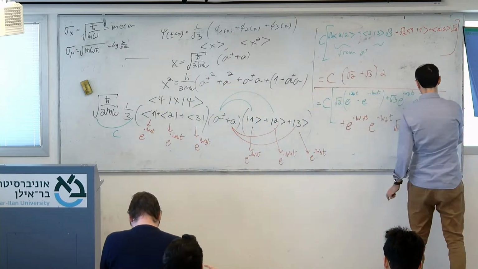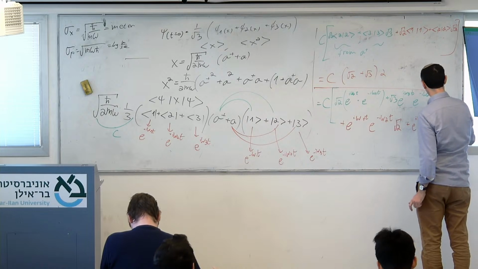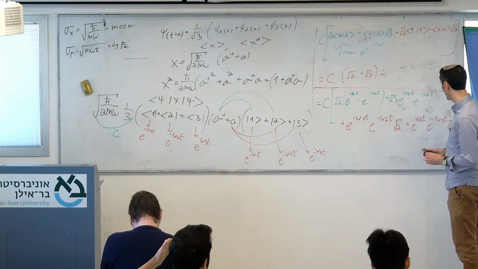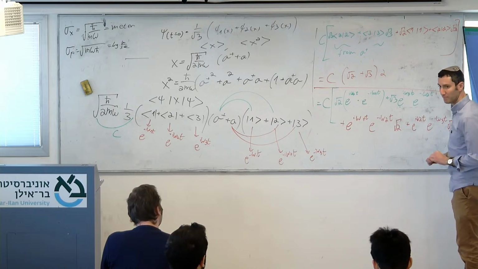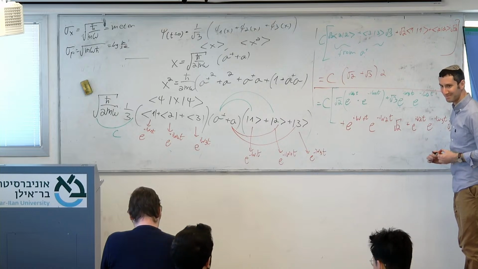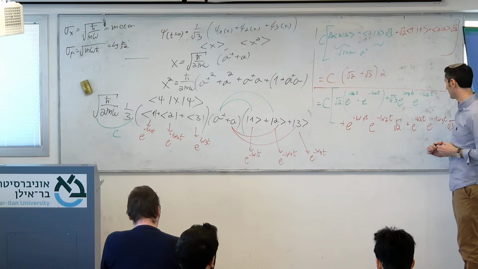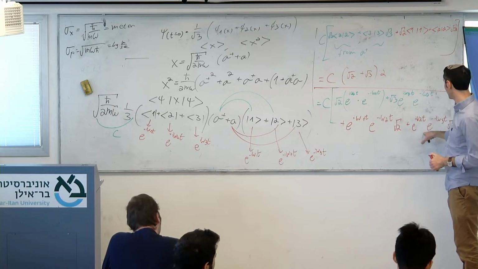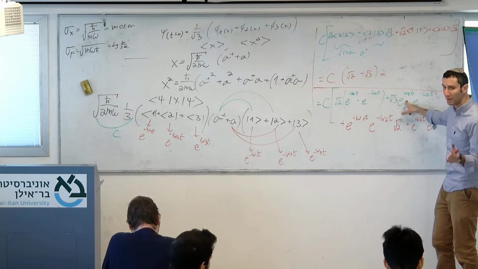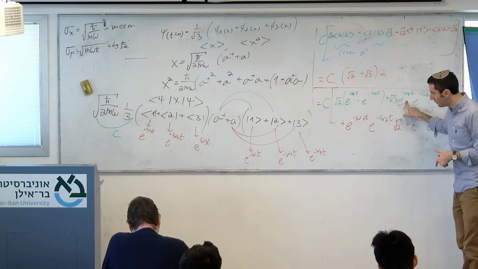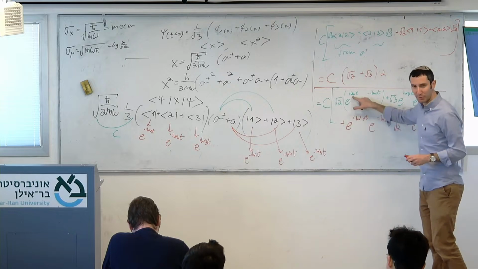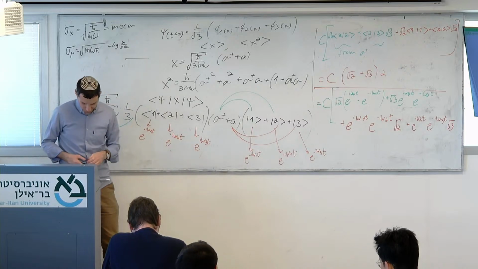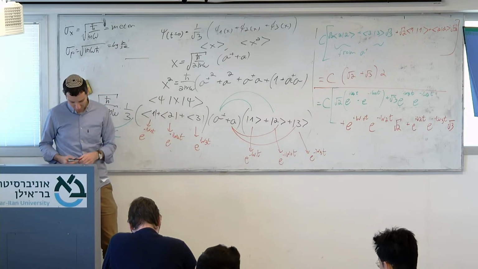I'm going to have e to the i omega 2t and e to the minus i omega 3t. You must have the inverse of the first term, right? Because if you don't, you will have imaginary signs, and the expected value will be imaginary. Yes, very good. What I want is, of course, cosines. This and this is exactly the same. It's an addition between opposite exponents. It's going to be a cosine. This and this is opposite exponents, so it's going to be another cosine. And altogether, I will get something.